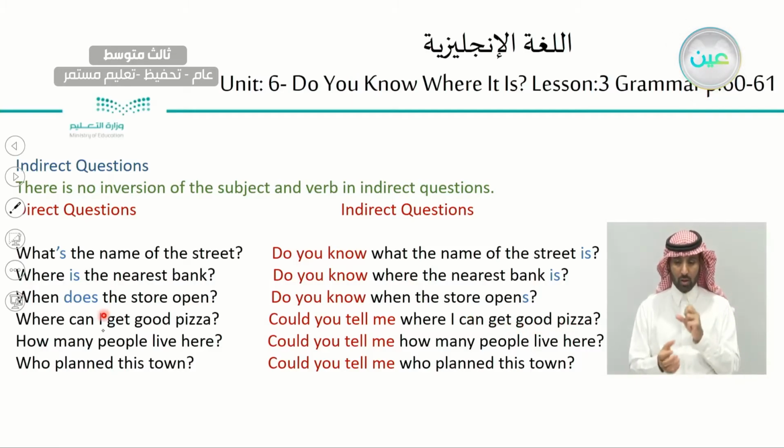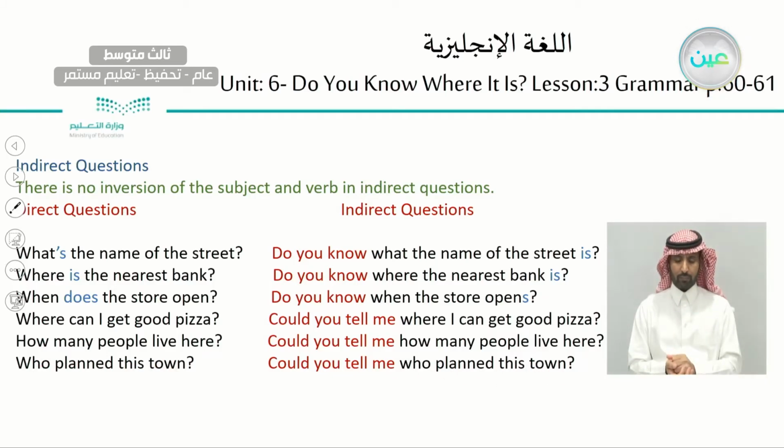Here we have can I. It changed, switched to I can. Okay? How many people live here? Could you tell me how many people live here? Okay? Who planned this town? Could you tell me who planned this town?